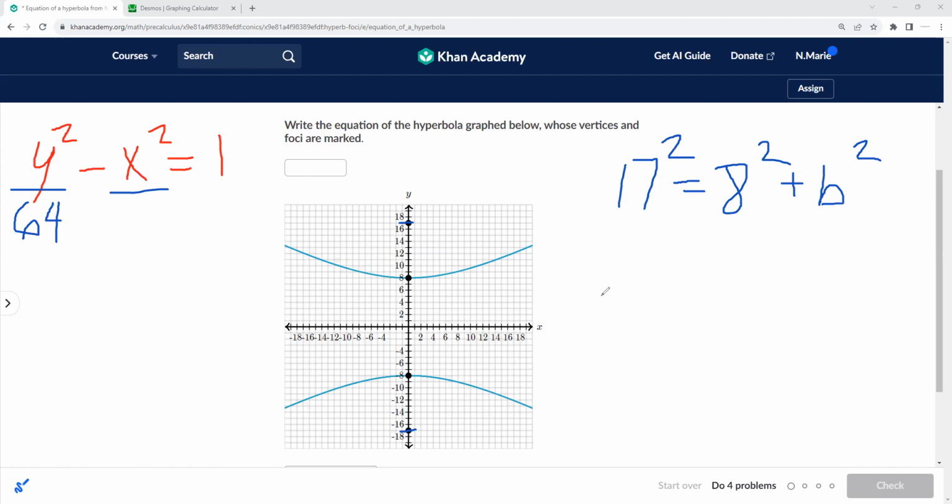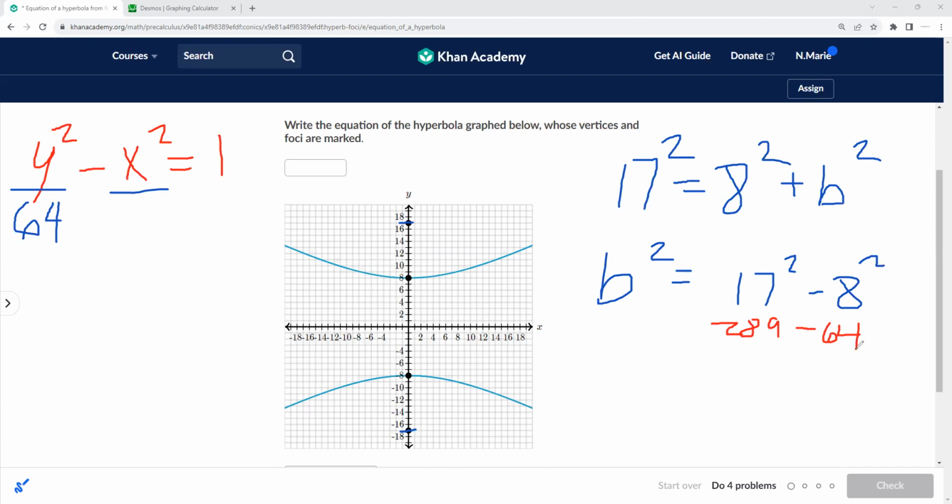And so b squared is equal to 17 squared minus, sorry, because we're subtracting 8 squared to the other side. And so 17 squared is 289. And so this becomes 289 minus 64.